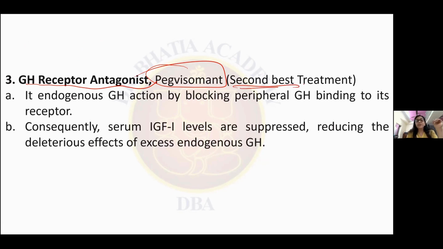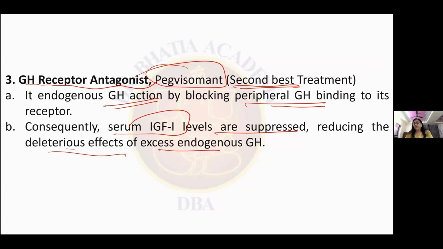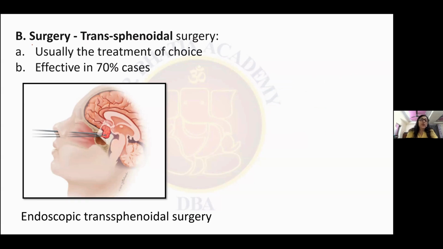It is a second best treatment. It will block the endogenous GH action by blocking the peripheral GH receptors, but the GH levels will still remain high. Consequently, the IGF levels are suppressed and the clinical effects of IGF-1 are suppressed. Otherwise, you go for surgery.